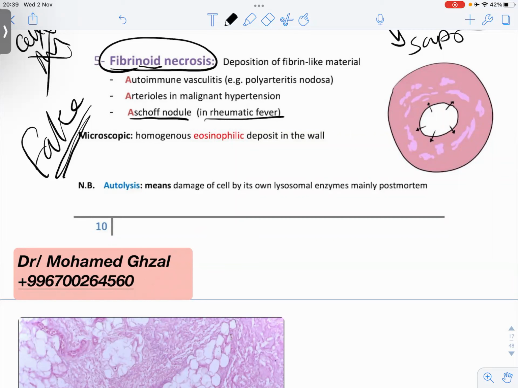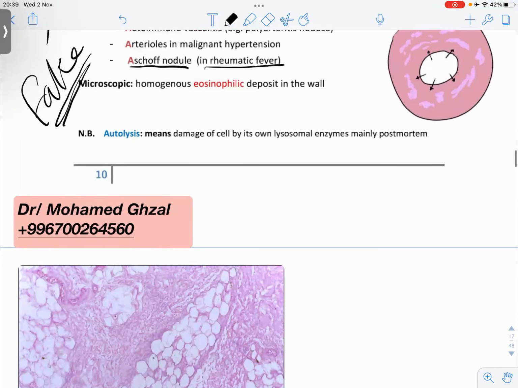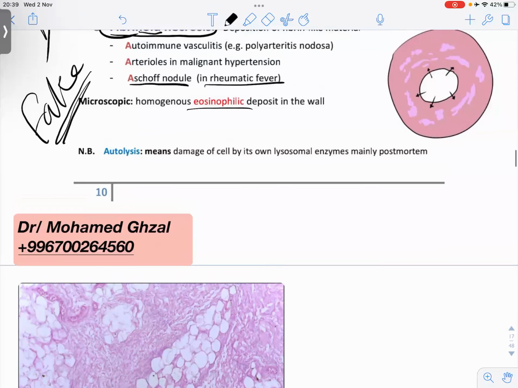These antibodies go to the cells and destroy the fiber inside the cell, and fibrin will be deposited inside the cell. And they thought that it's not deposited fibrin, it's necrotic and dead cell, but it's not necrotic cells, it's fibrin deposits. And of course, this fibrin is a protein, so the color will be eosinophilic red. So fibrin deposits will be eosinophilic red in color.